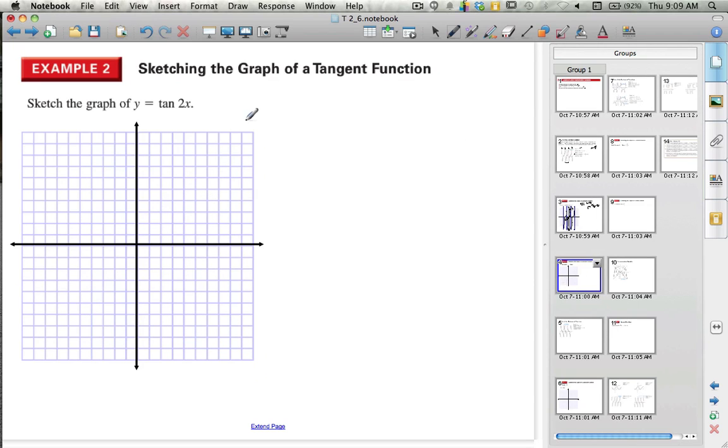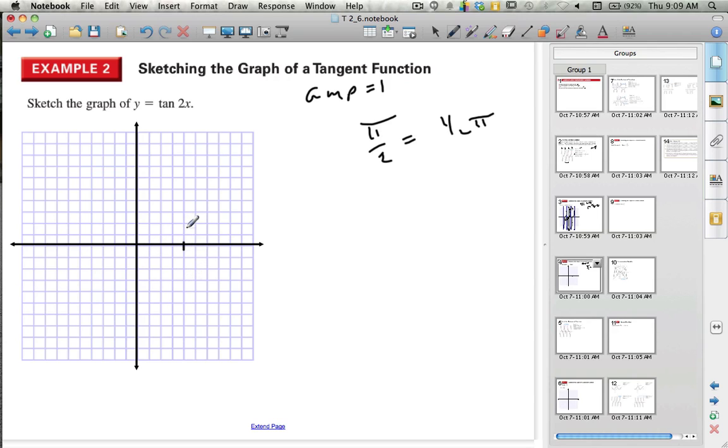Okay, so we're going to go ahead and do another one of those. My amplitude again is 1. And I want tangent of 2x, so it's going to be pi divided by 2. So my period is 1/2 pi. All right, so I'm going to make these large. So let's say this is 1/4, 2/4, 3/4.